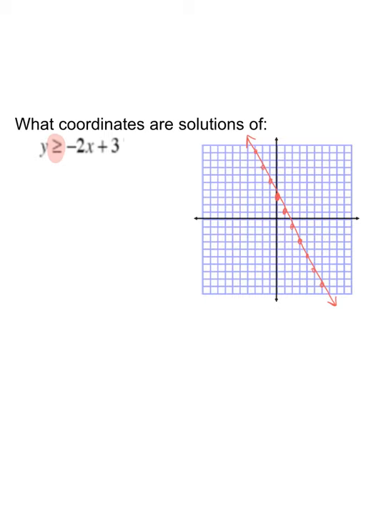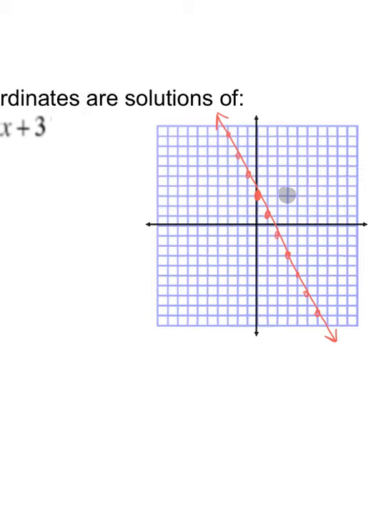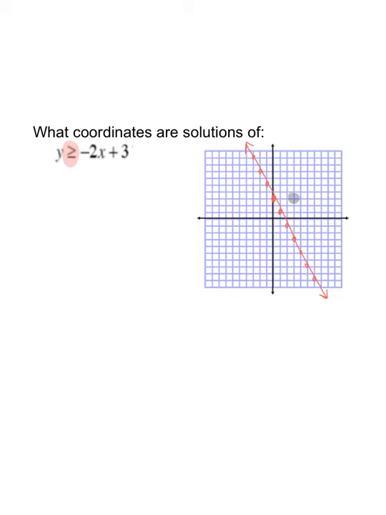So the way that we check that is we can pick any coordinate on the graph, plug it into our inequality, and see what happens. For example, if we choose a coordinate out here, like 3 comma 3, we can test 3 comma 3.